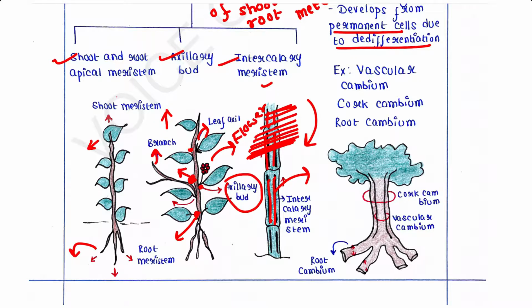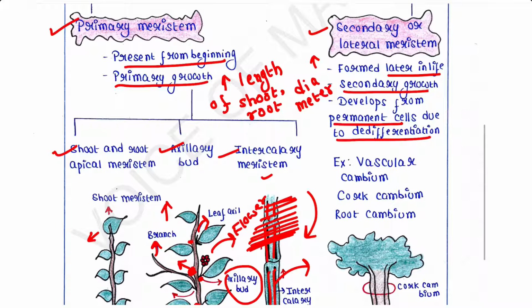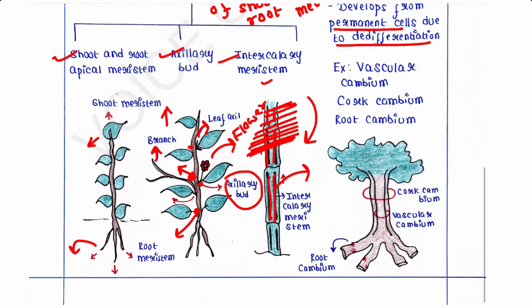Coming to the secondary or lateral meristem, some examples of secondary meristem are vascular meristem, vascular cambium, cork cambium and root cambium. So, you can see this is the vascular cambium.